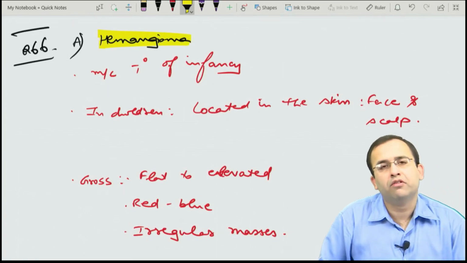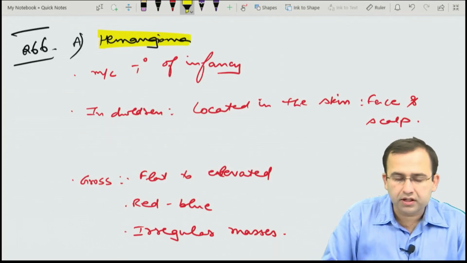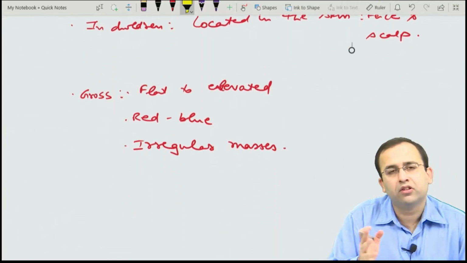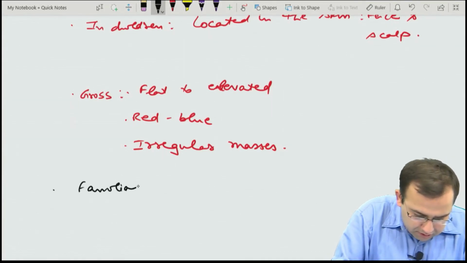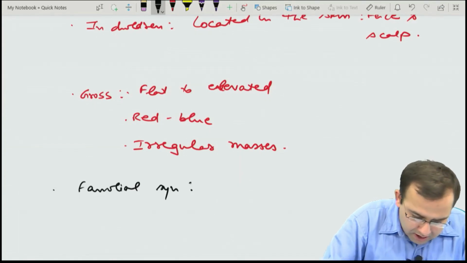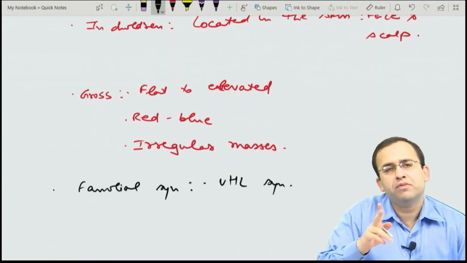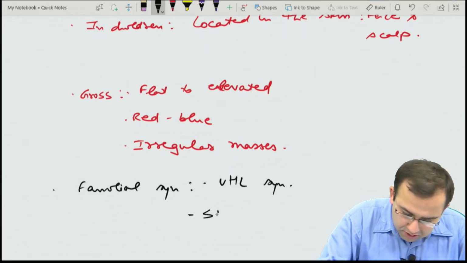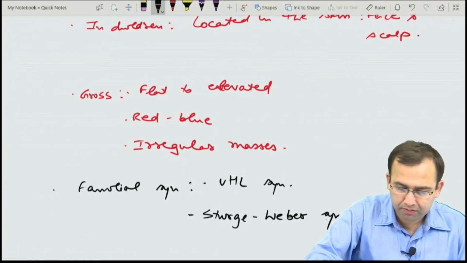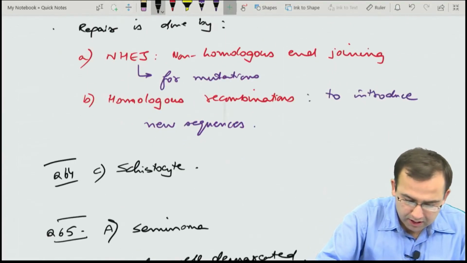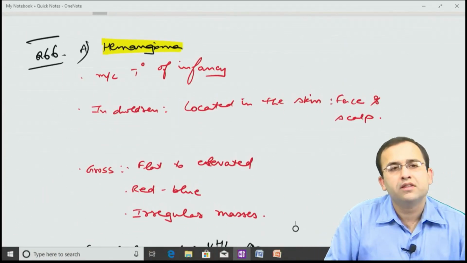Microscopically, it is associated with numerous capillaries. They are familial and can be associated with syndromes like von Hippel-Lindau, cerebral hemangiomas, and Sturge-Weber syndrome. This is hemangioma. This was question 66.